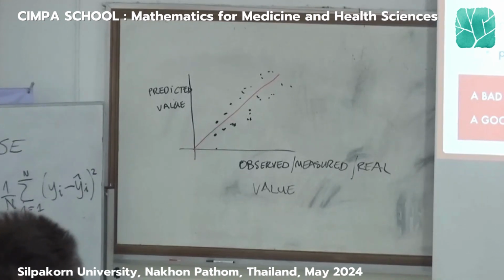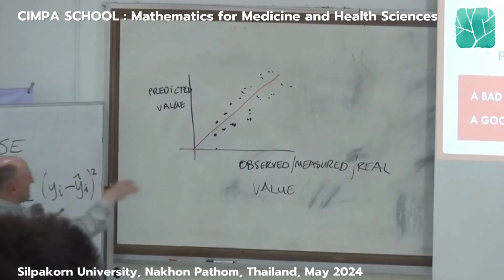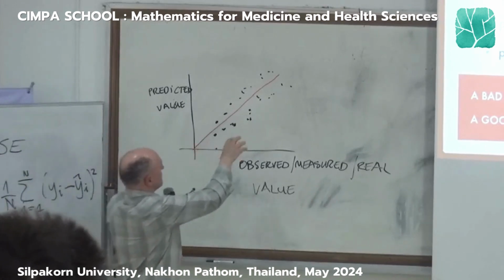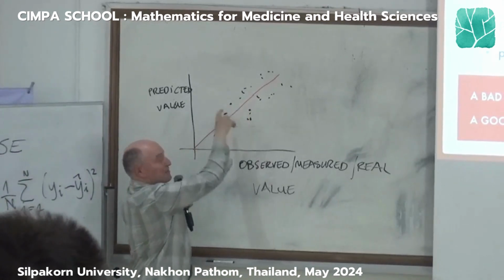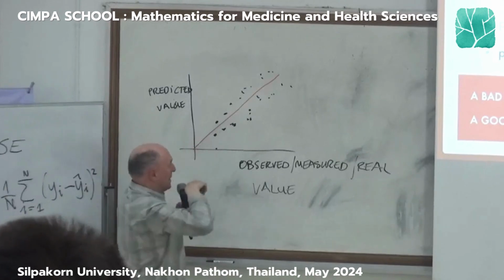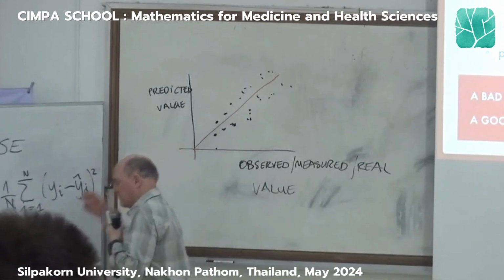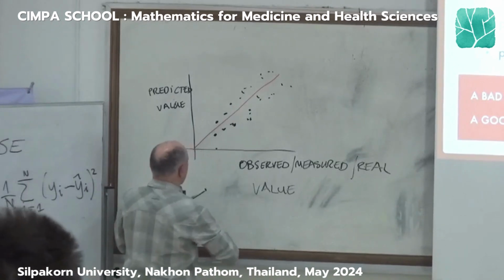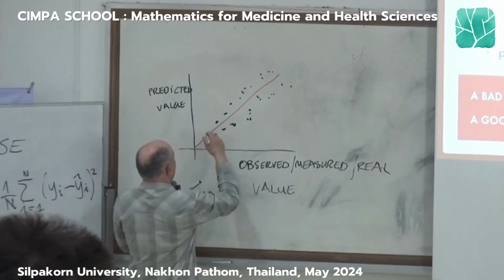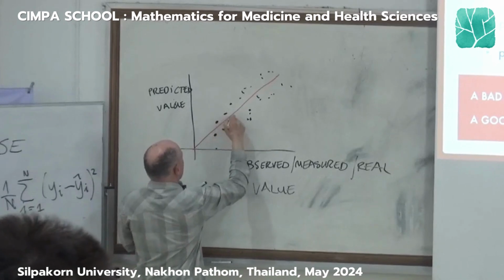This gives you a much better visual proof which a human being can evaluate and say, that's a good compromise. I might have some scatter here. The MSE might be big because my points are not close to the line. A very small MSE would have points like this, very close.